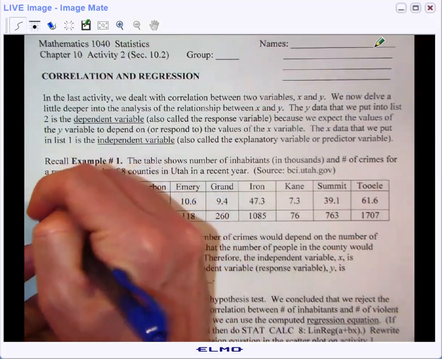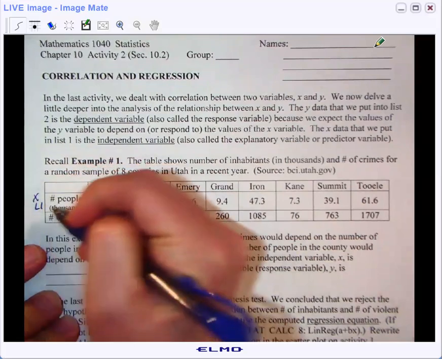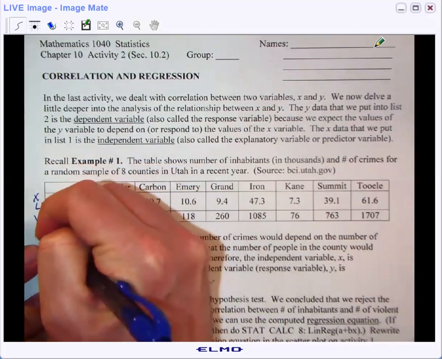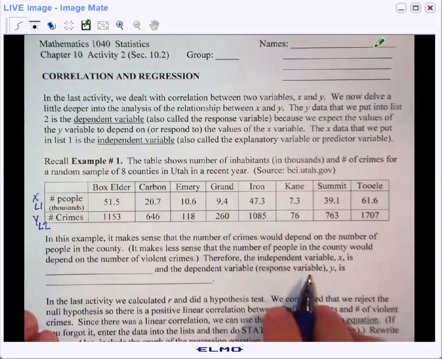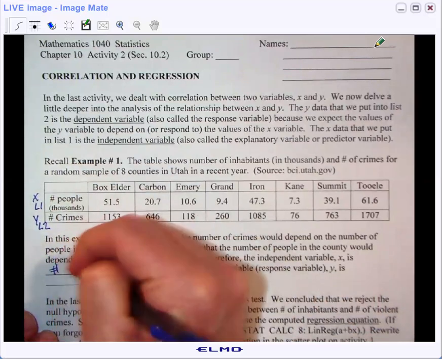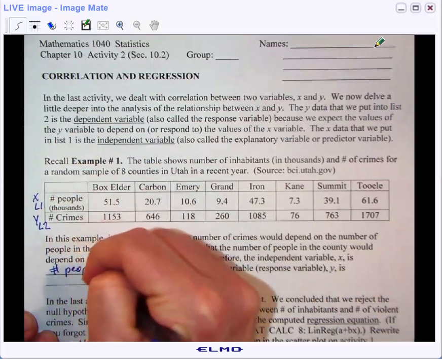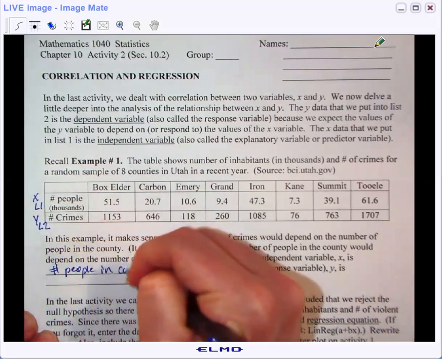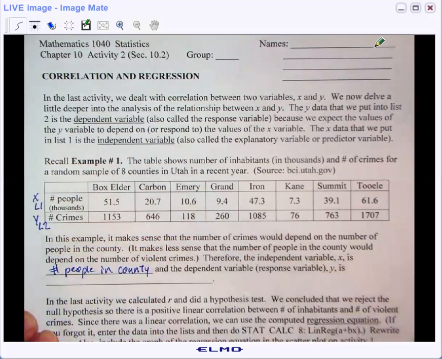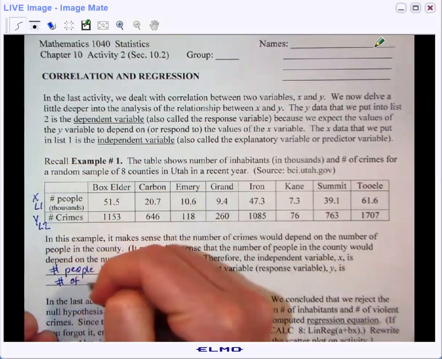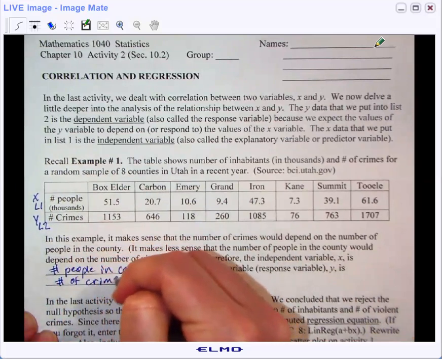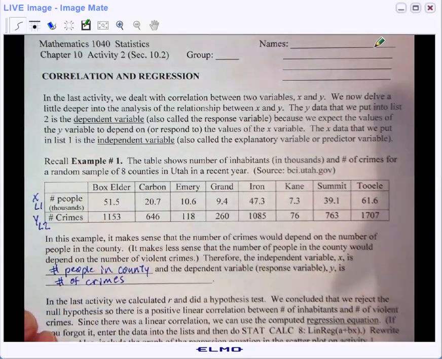So we're going to put the number of people as X in list 1 and the number of crimes as Y in list 2. Therefore, our independent variable is the number of people in the county, measured in thousands, of course. And the dependent variable, what responds to that, is the number of crimes committed in the county.